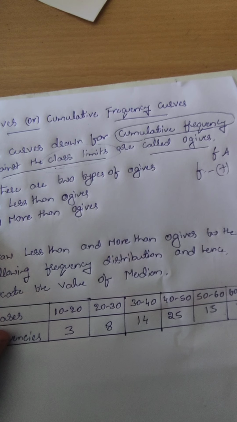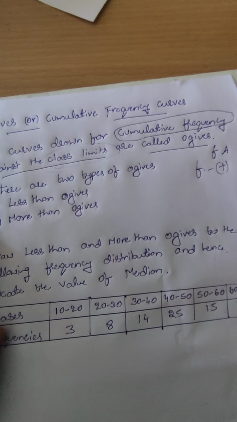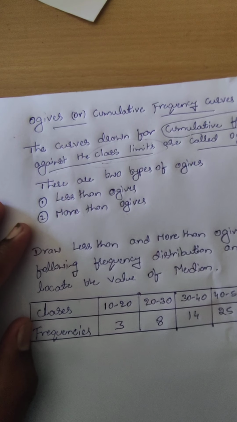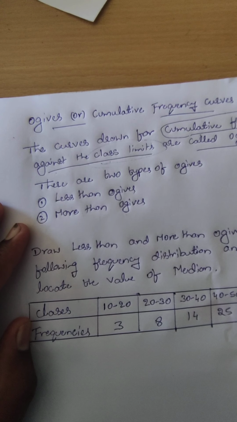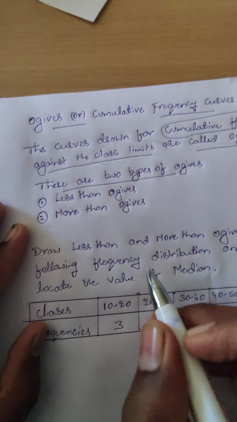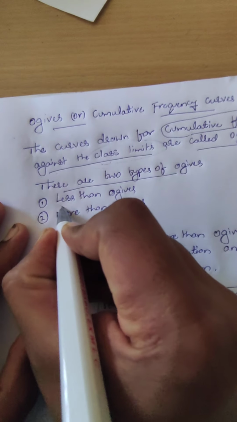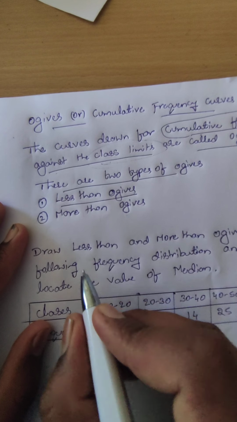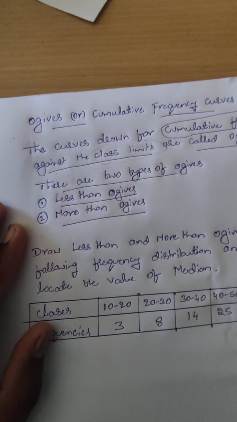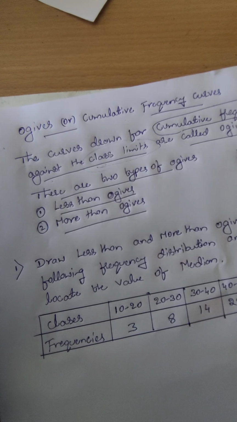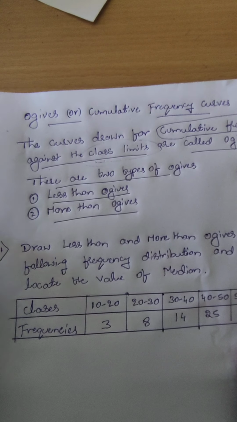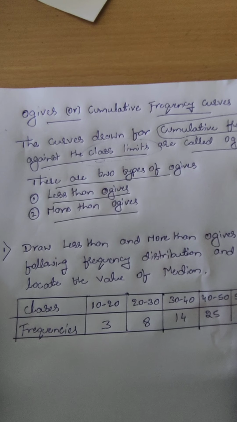That is called a cumulative frequency curve. Okay, students? A cumulative frequency curve is also known as an ogive. There are two types of ogives: the first is less than ogive, the second is more than ogive.